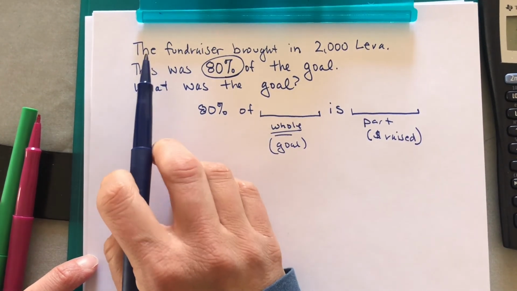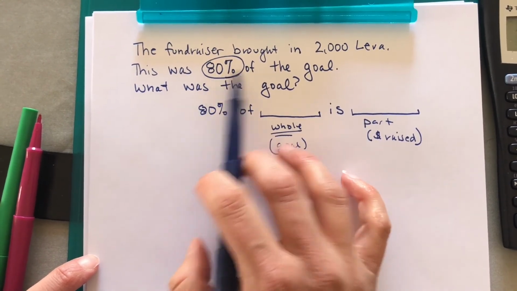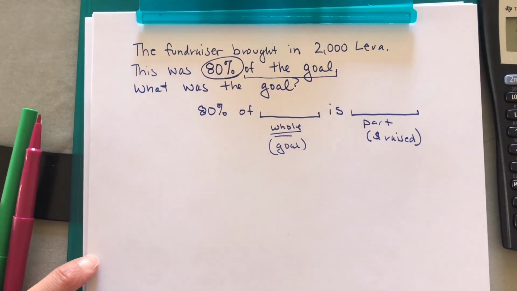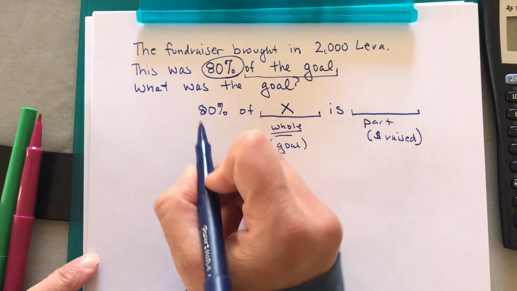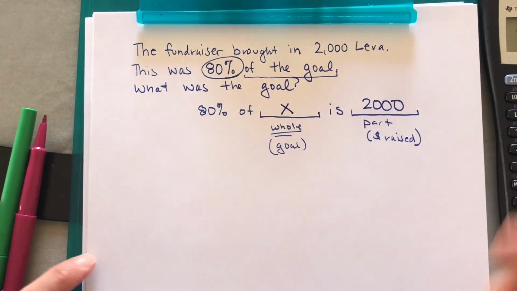It says that the fundraiser brought in 2,000 leva, and that this is 80% of some goal. So what we don't know is what the original goal was. So that's the whole. We do know, though, that when we find 80% of x, the result was 2,000 leva.